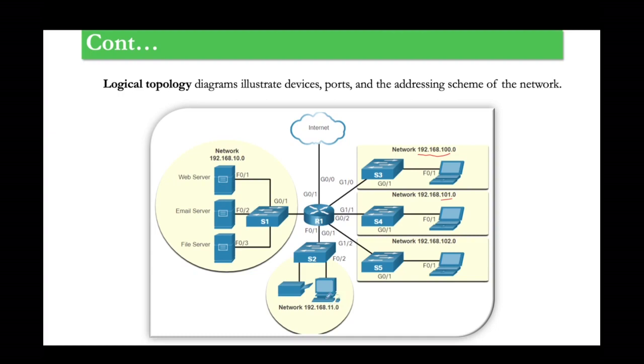This is the way these devices are connected to the switch by using fast ethernet cable. Here we are going to check whether these ports are open or closed. Similarly, every device is identified with a network interface card port, and these are the port numbers that we can say. So this is the logical topology.